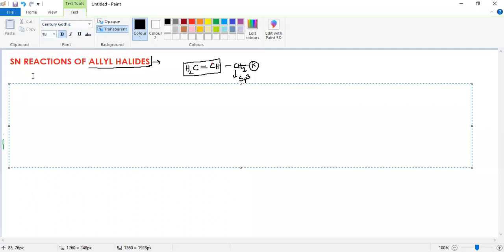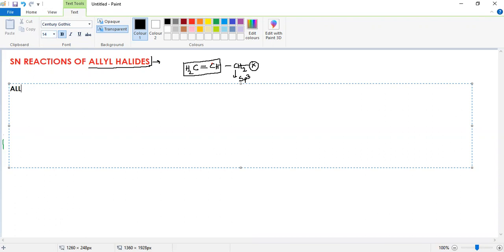So next we need to learn. Before continuing this topic, I need to decrease the size of the typing. Okay, 18 is too big, 14 is enough.